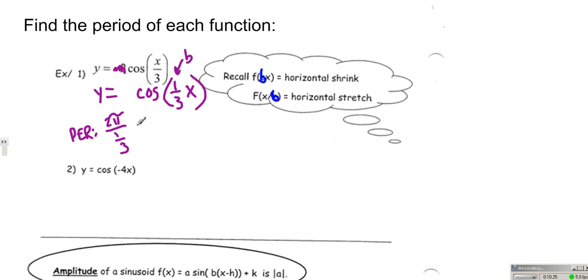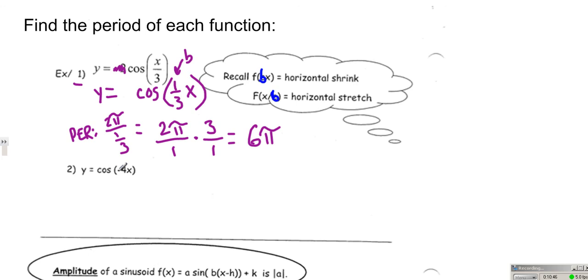All right, in this case, we've got a fraction, so let's make 2 pi a fraction, and we're going to multiply it by its reciprocal. So our period is 6 pi for example number 1. All right, so it's got that horizontal stretch by a factor of 3.